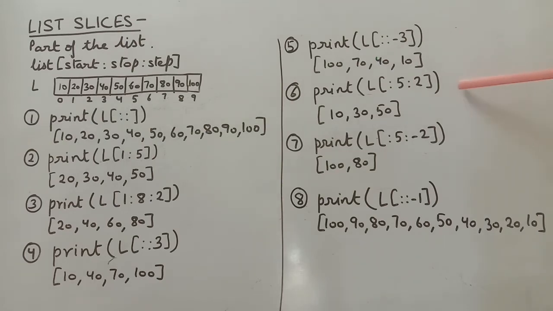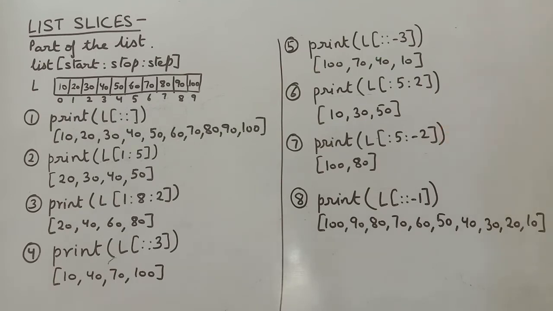Next one: start value is not provided, ending value is 5 and step value is 2. Starting from the 0th index to the 4th index, every second value is taken and your resultant is 10, 30, 50. Next one: start index is not given, ending index is 5 and step value is -2. Since the start value is missing, the start is -1, the ending value is 5 and every second value from the back side is taken.